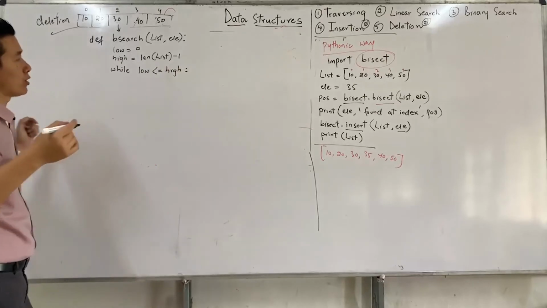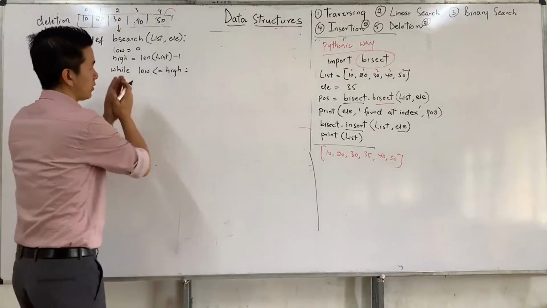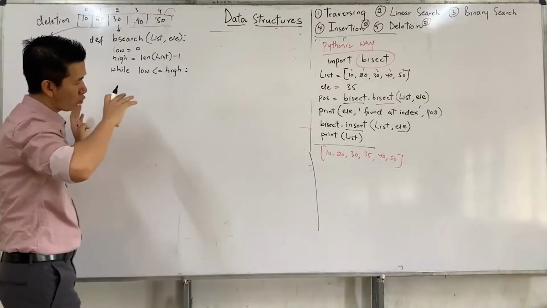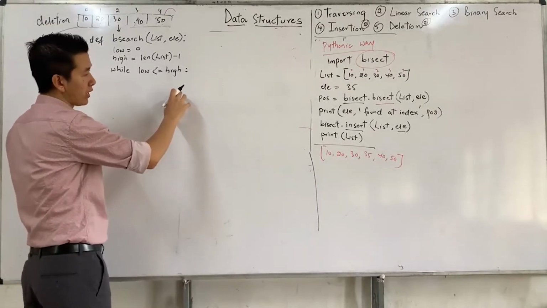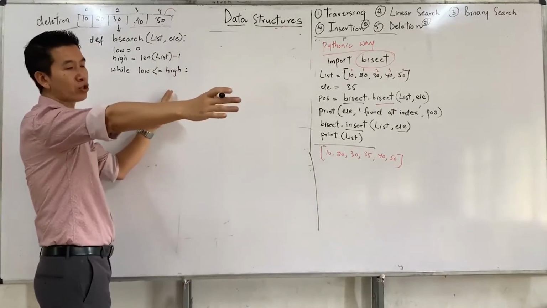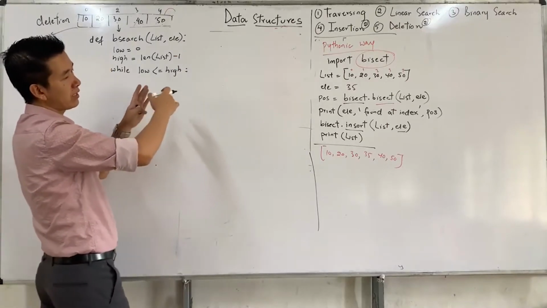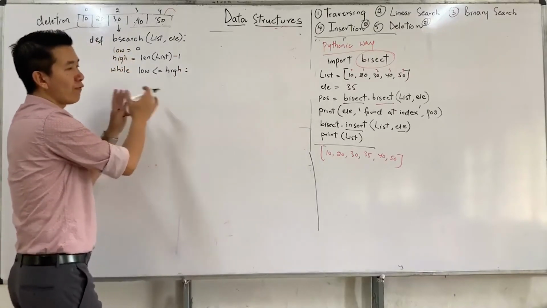I need to get on with the middle value. Remember, you have the whole list. Get the middle value and check if the middle element is equal to the element that is to be searched. If it's not equal, I check whether it lies in the later half or the former half.